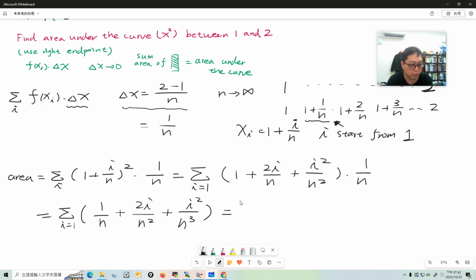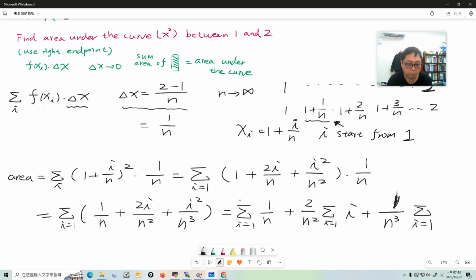We use the distribution law on the summation. Because we are summing over i, the n terms and the 2 have nothing to do with the summation, so we can factor them out. The last term is 1 over n cubed times the summation of i squared.